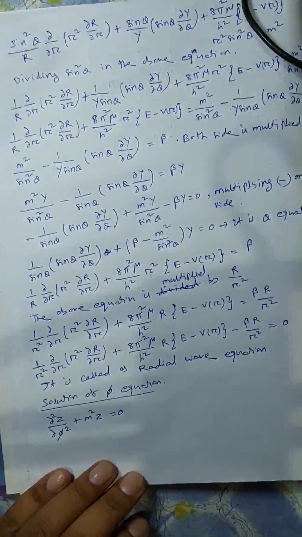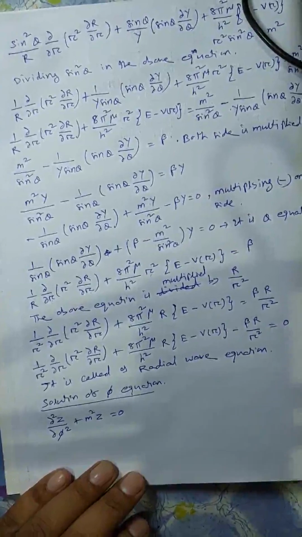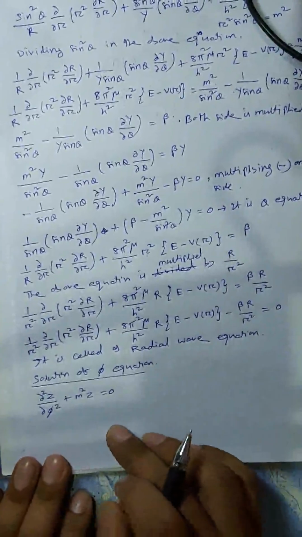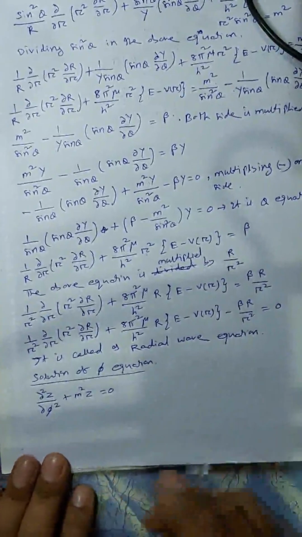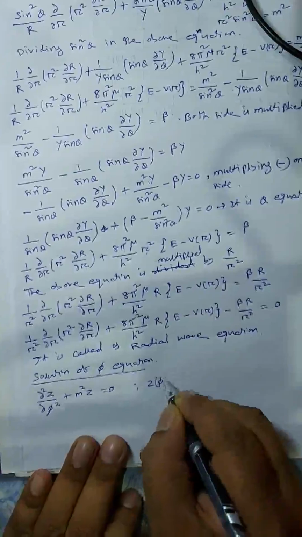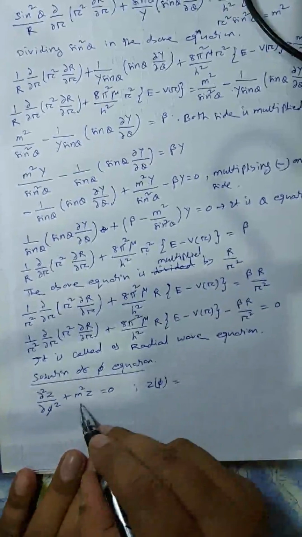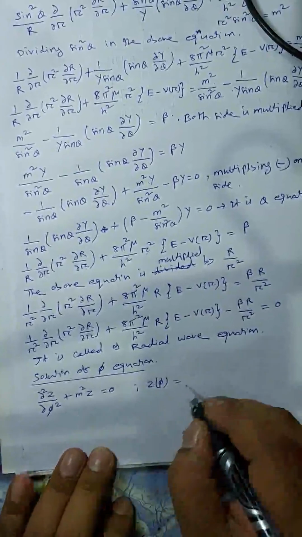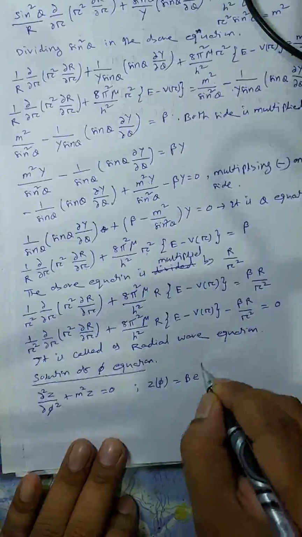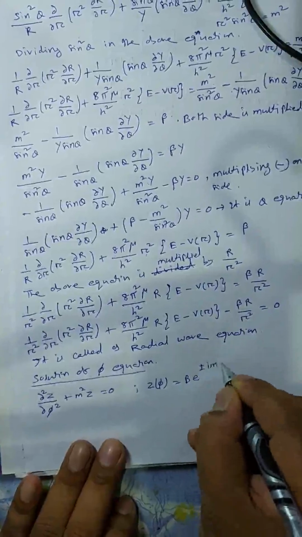How to find out? We already know this one. We take z phi. This is a second order differential equation. The solution is b e to the power plus minus i m phi.